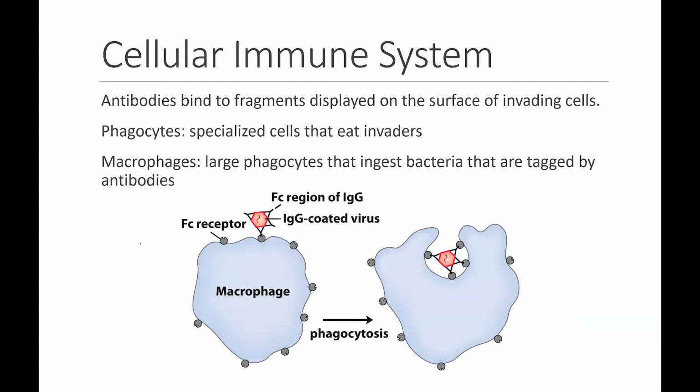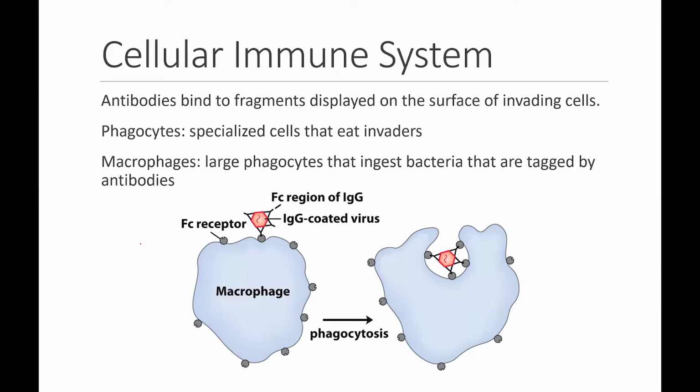In the cellular immune system, we're still using antibodies, but the antibodies bind to fragments displayed on the invading cells. And then phagocytes, which are specialized cells, are brought to help essentially eat or engulf the invaders. Macrophages are a type of large phagocyte that helps ingest bacteria that are tagged by these antibodies.